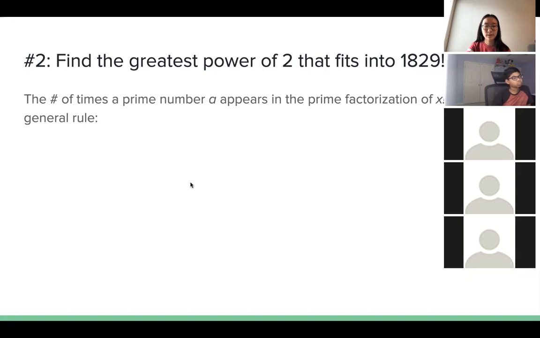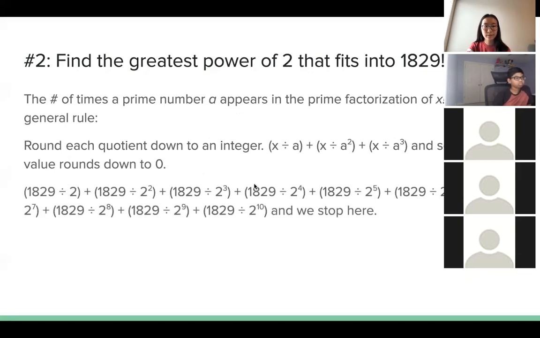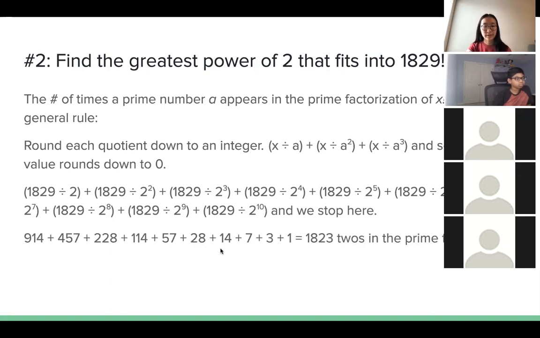The number of times a prime number a appears in the prime factorization of x factorial follows this general rule. You can see right there. Here x is 1829 and a is 2. So here's all of our math. The highest exponent we're going to use is 2 to the 10th power, which is 1024, because after that it gets too big and it's not going to give us anything.